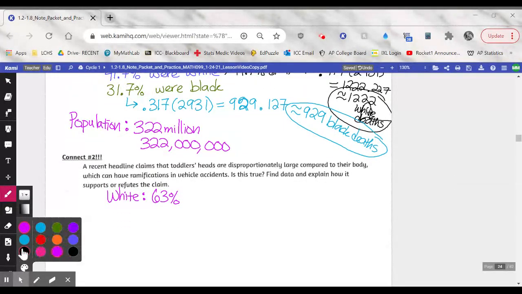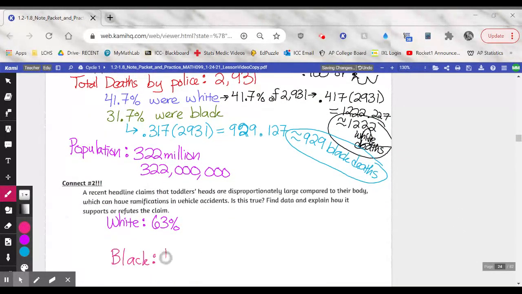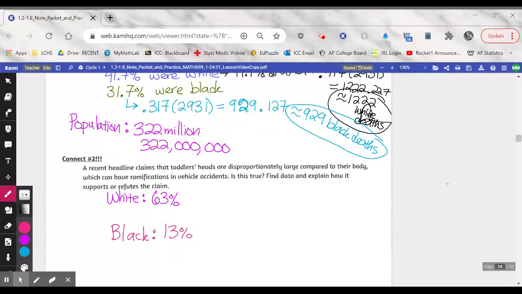And for our Black population, that is 13%. So to find the number for our population, I'm going to take and change that to a decimal, times our overall population.